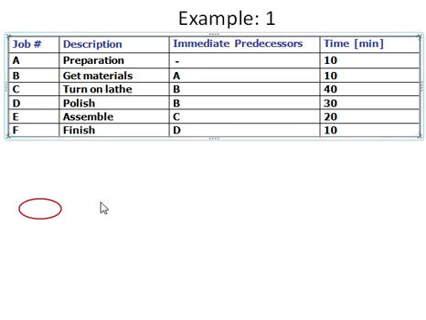Okay, so there are two nodes we are indicating here, and naming them 1 and 2.